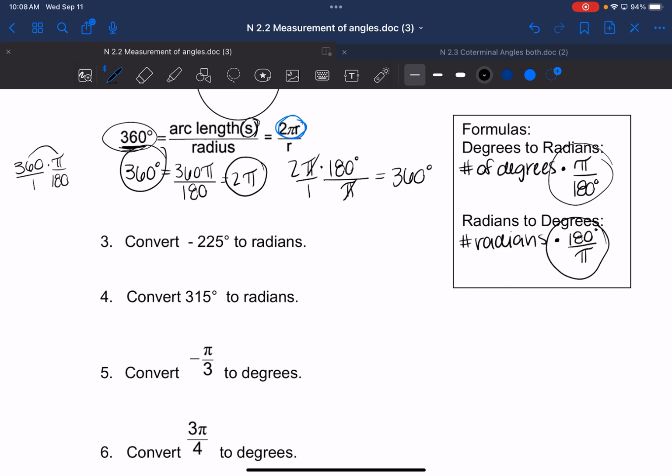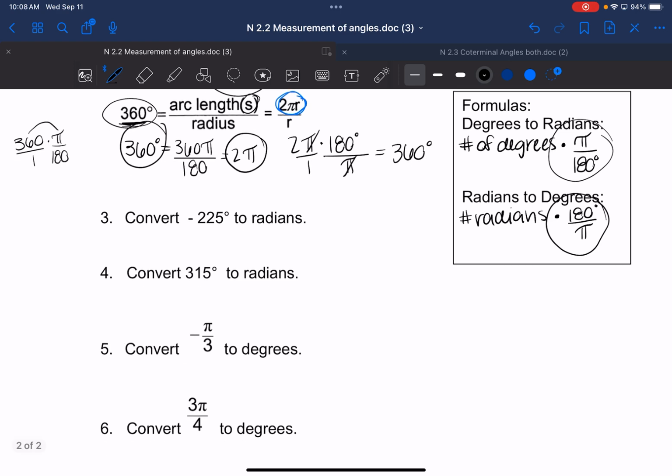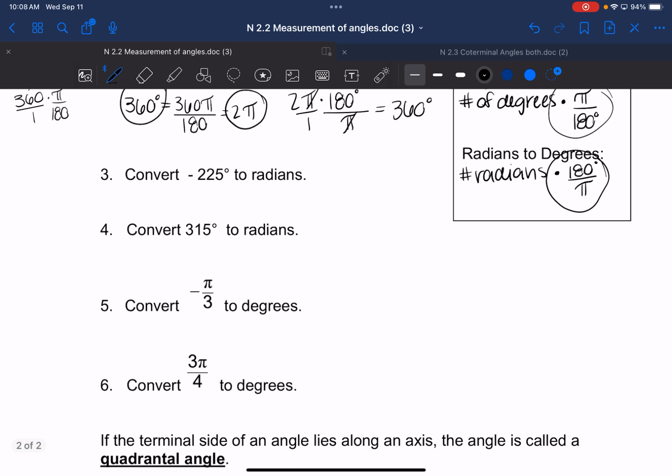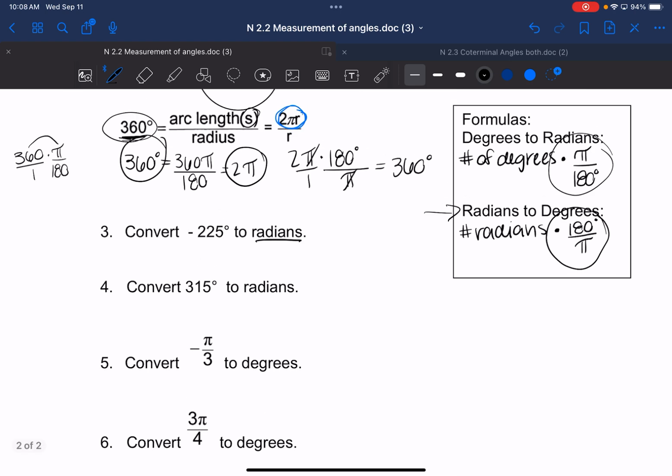Okay, so now that we know that this formula is going to work, we're going to convert these next few problems. So number 3 says to convert negative 225 into radians. So that would be this formula right up here, from degrees into radians. So I'm going to have negative 225, and I'm supposed to multiply that by pi over 180, right?